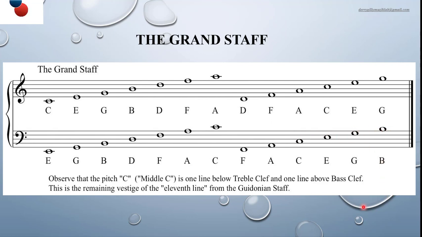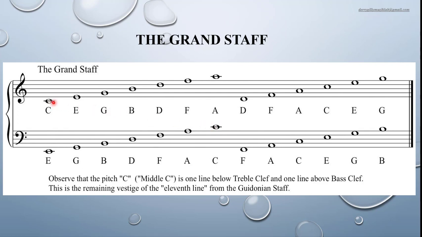So I wrote a very short note which says that you should observe that the pitch C, that's the middle C, is one line below the treble clef and one line just above the bass clef, and it should tell you that it is the remaining vestige of the 11th line from the Gideonian staff, the line which was invisible, the middle line which was very invisible.